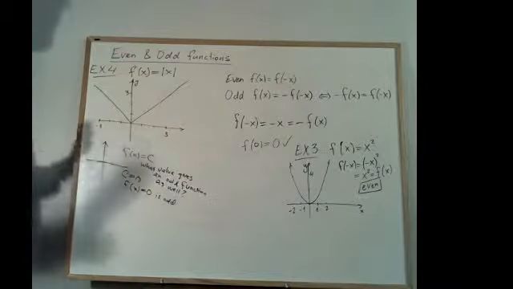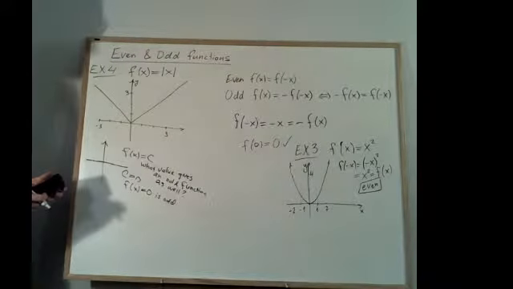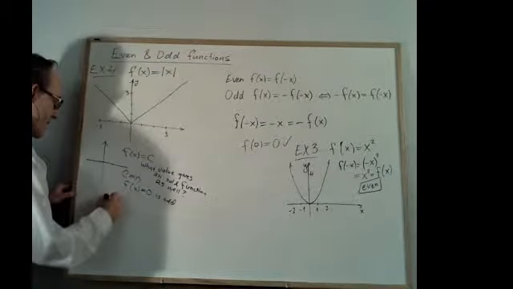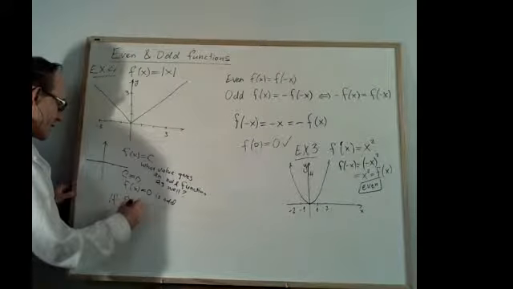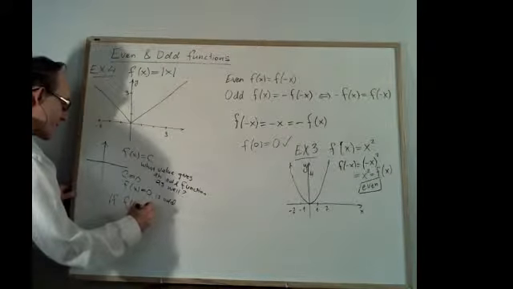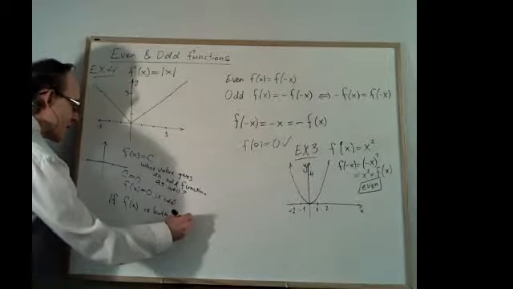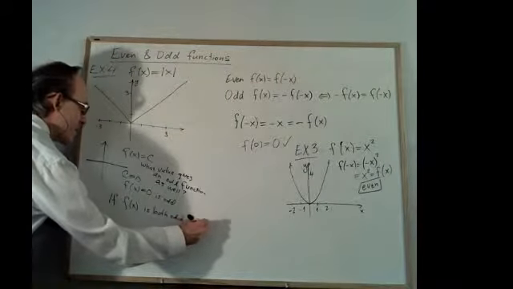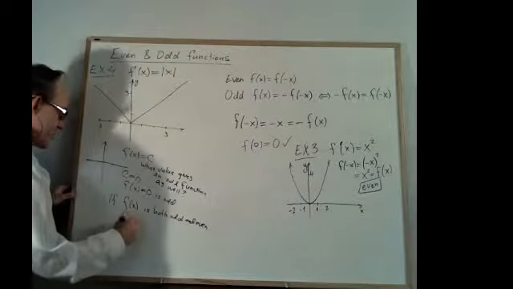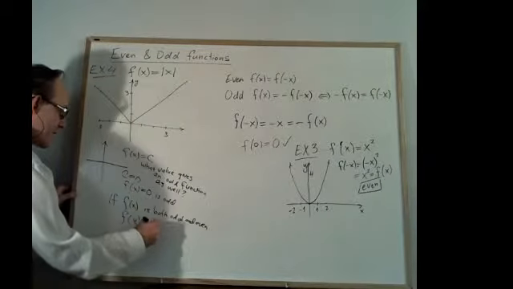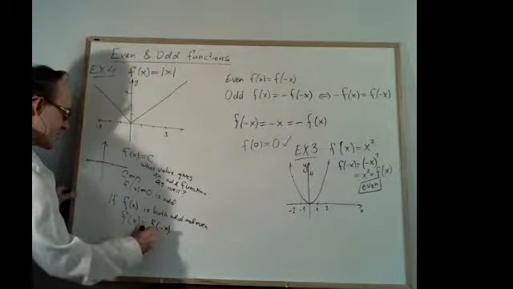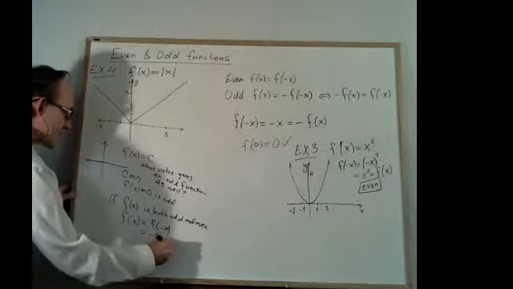In fact, when a function is both odd and even, then it's easy to show or prove that f of x is equal to f of minus x and it's equal to minus f of minus x.